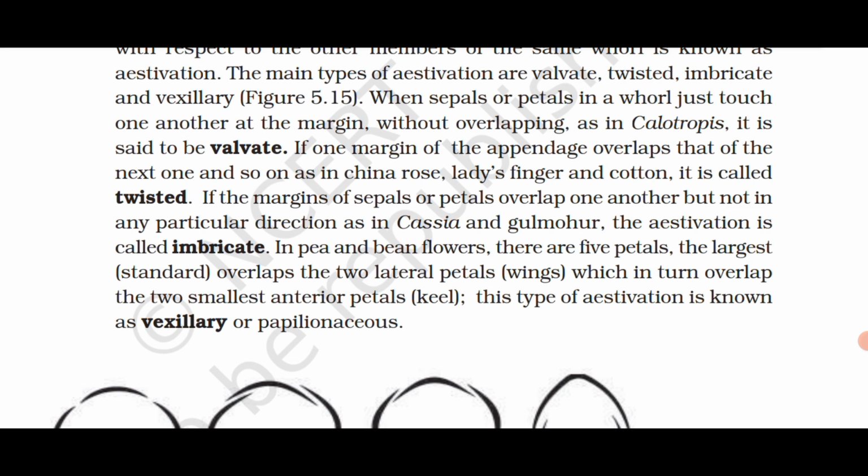In pea and bean flowers, there are 5 petals. The largest standard overlaps the 2 lateral petals, wings, which in turn overlap the 2 smallest anterior petals, keel. This type of aestivation is known as vexillary or papilionaceous.